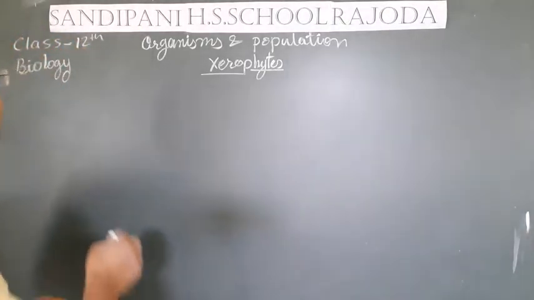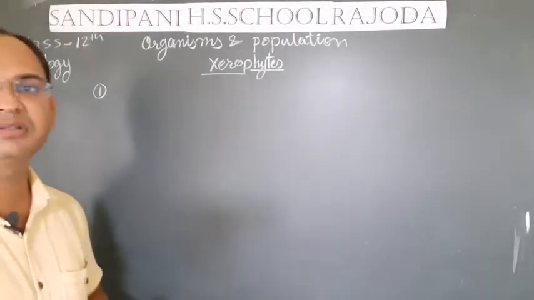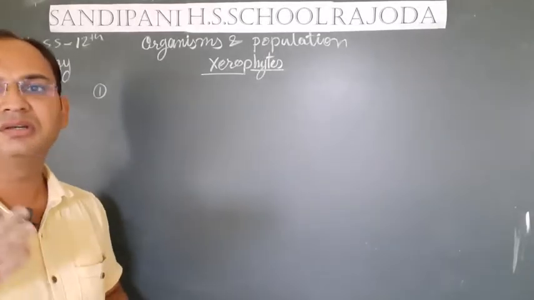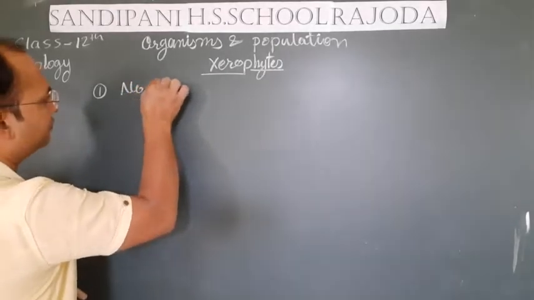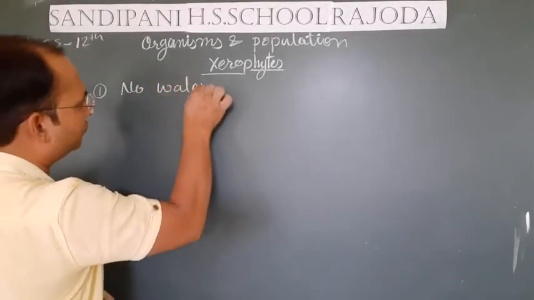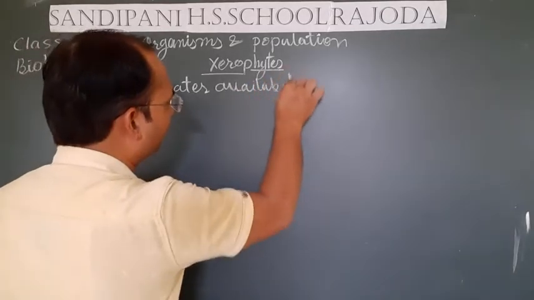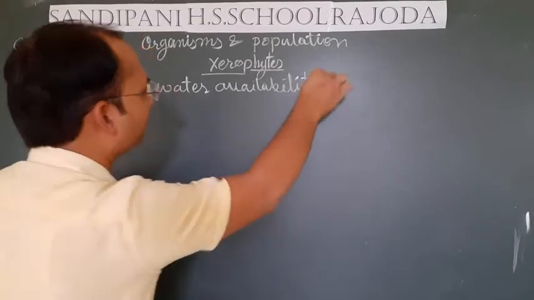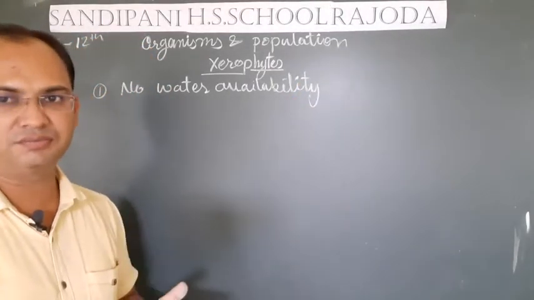If you look at the properties of xerophytic areas, the first reason is that there is no availability, or very little availability, of water. These are the causes of xerophyticity. Why are xerophytic conditions created? If there is no water.